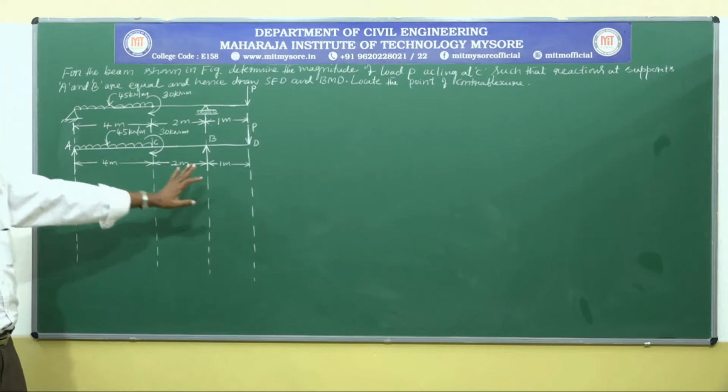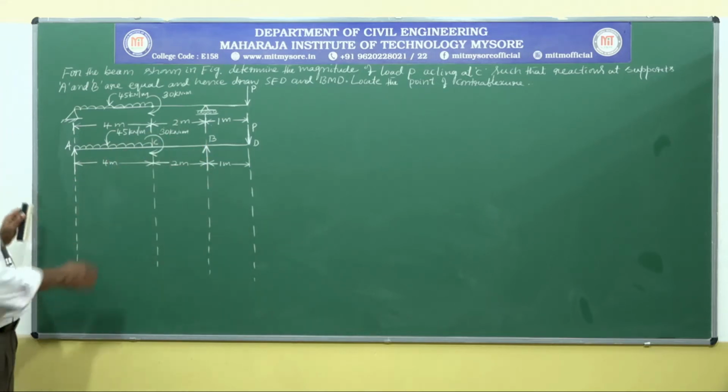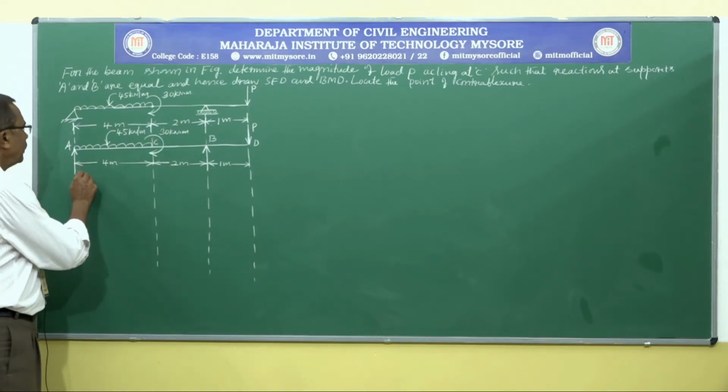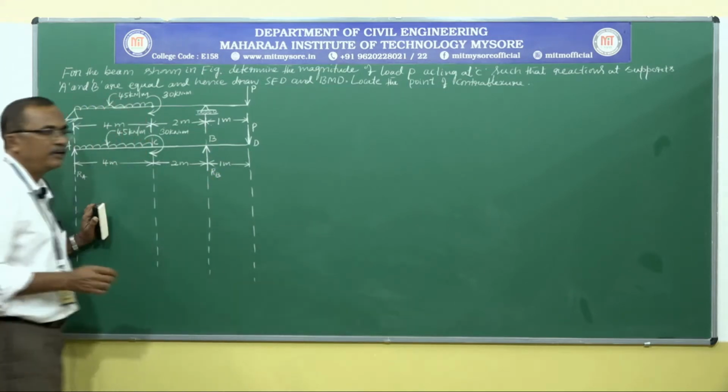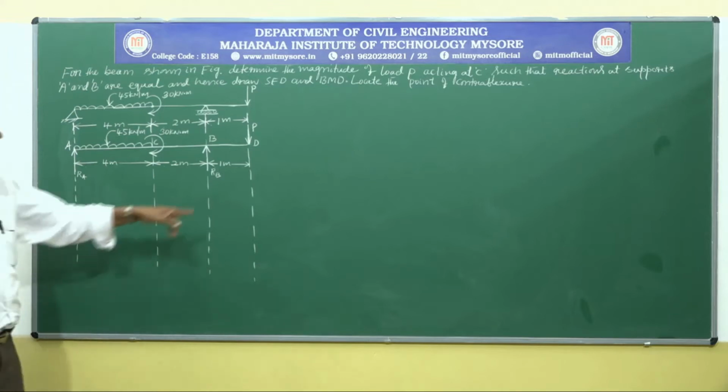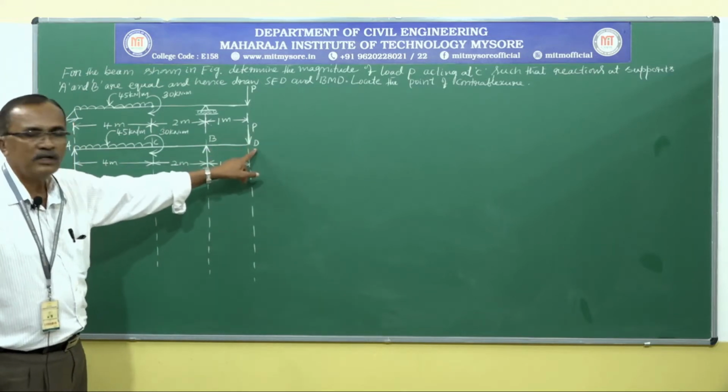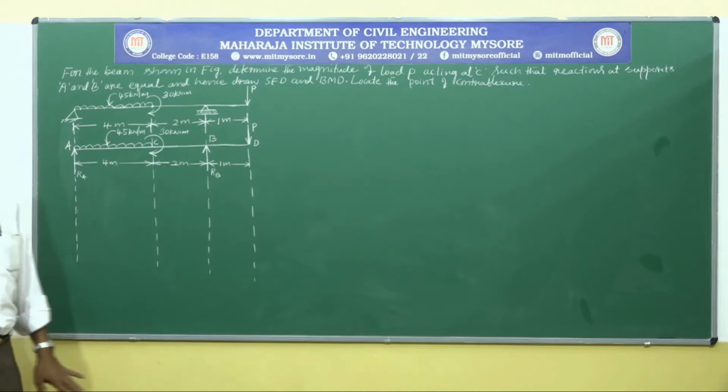As it is, we can see here the unknowns. Let RA and RB be the support reactions at A and B, and the point load P is also unknown, so 3 unknowns.